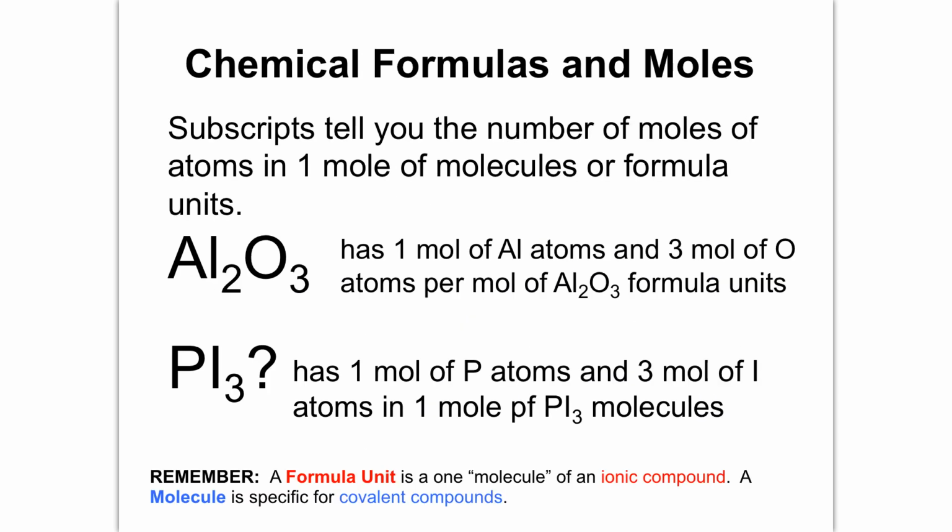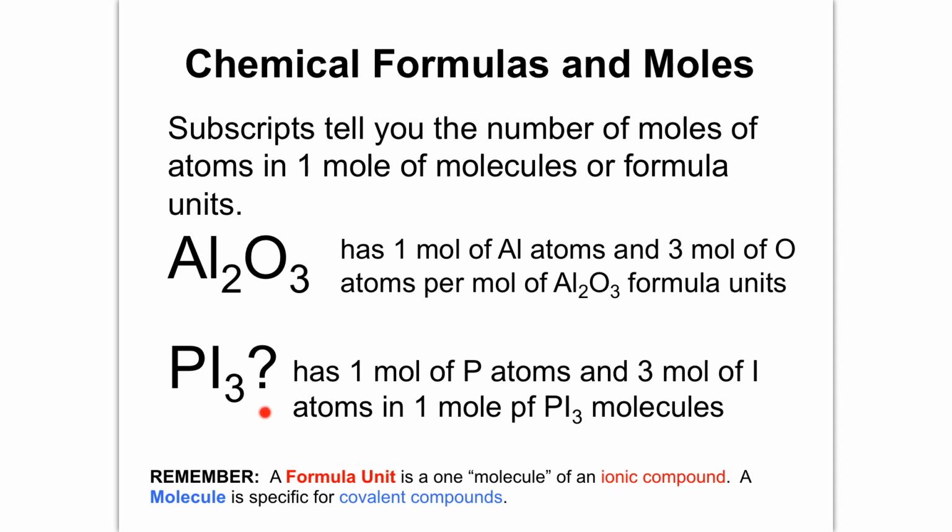So here's the connection between the number of moles and the subscripts in a chemical formula. The subscripts tell you the number of moles of that particular atom in 1 mole of that particular molecular species. So for example, aluminum oxide has 2 moles of aluminum atoms for every 1 mole of aluminum oxide, and 3 moles of oxygen atoms for every 1 mole of aluminum oxide.